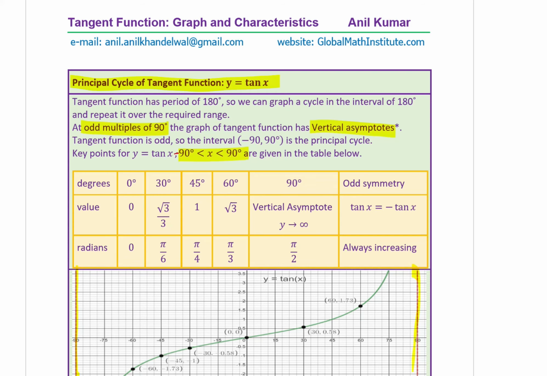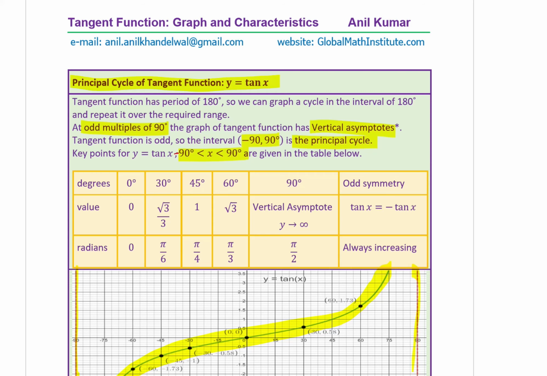Within this boundary, we get the tangent function as shown here, and this really is very easy to draw and it can be replicated for the required domain. Perfect. That's the whole idea. So the tangent function is odd, so the interval from minus 90 to 90 degrees, or you can say from minus pi by 2 to plus pi by 2, will be considered as the principal cycle, right?